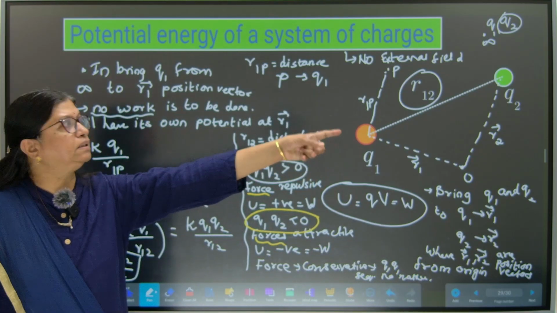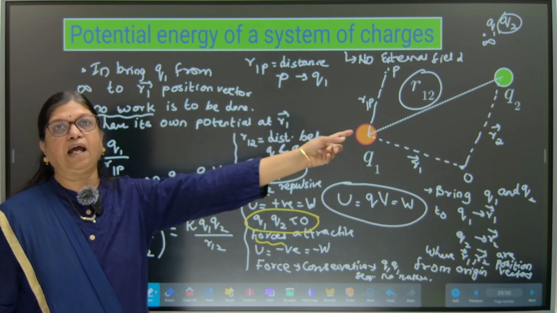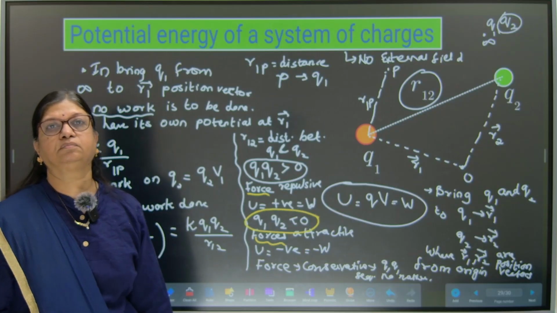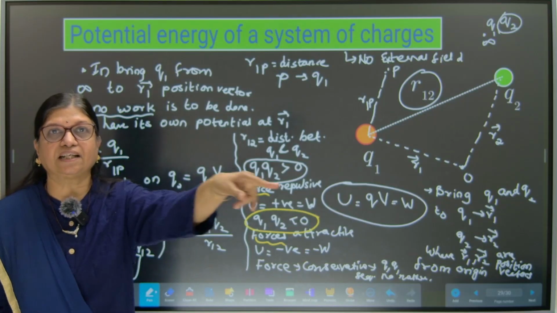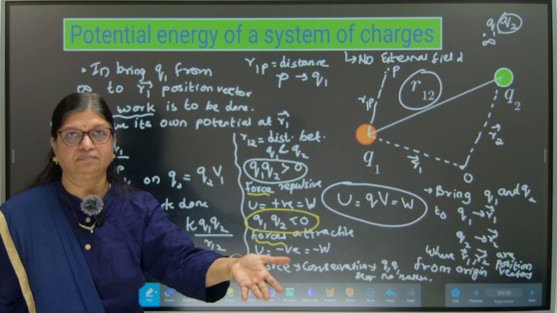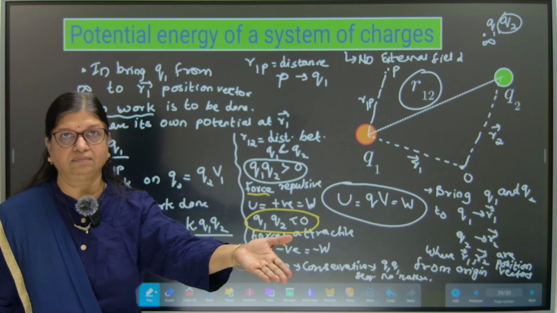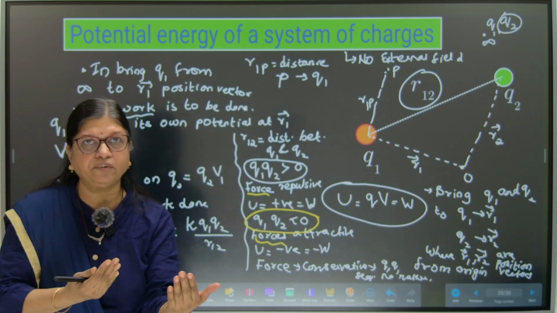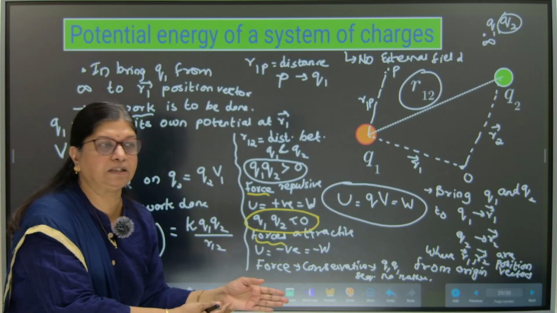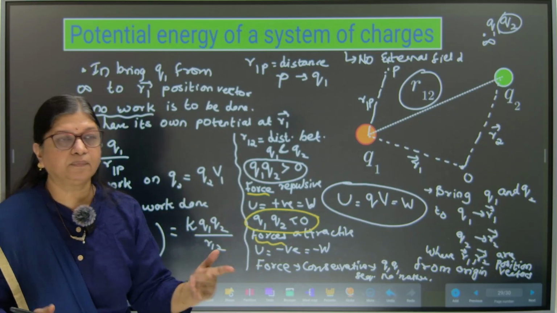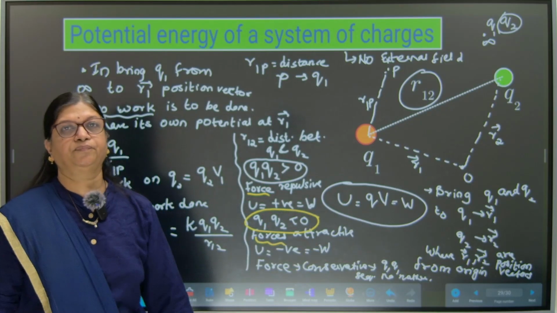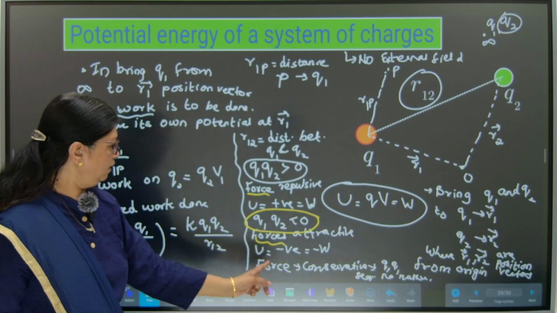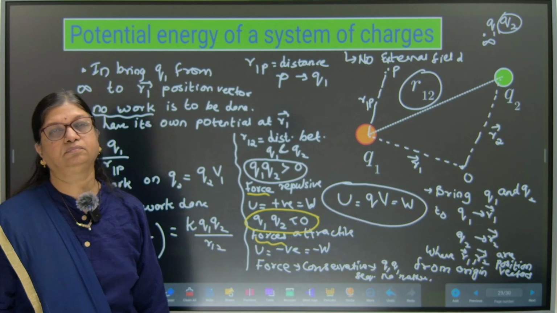Whether I did this in this explanation, I brought Q1 first. I can bring Q2 also first. Why? This is again assertion reasoning, 1 marker. Because the force is conservative, I can bring either Q1 first or Q2 first. My answer will remain the same. Why? Because the force is conservative. Electrostatic force is conservative. Agreed? Followed?